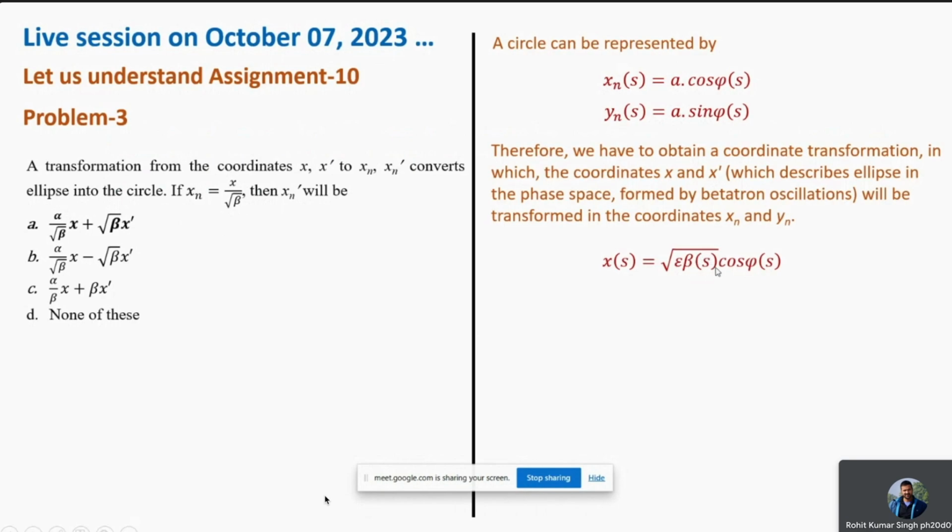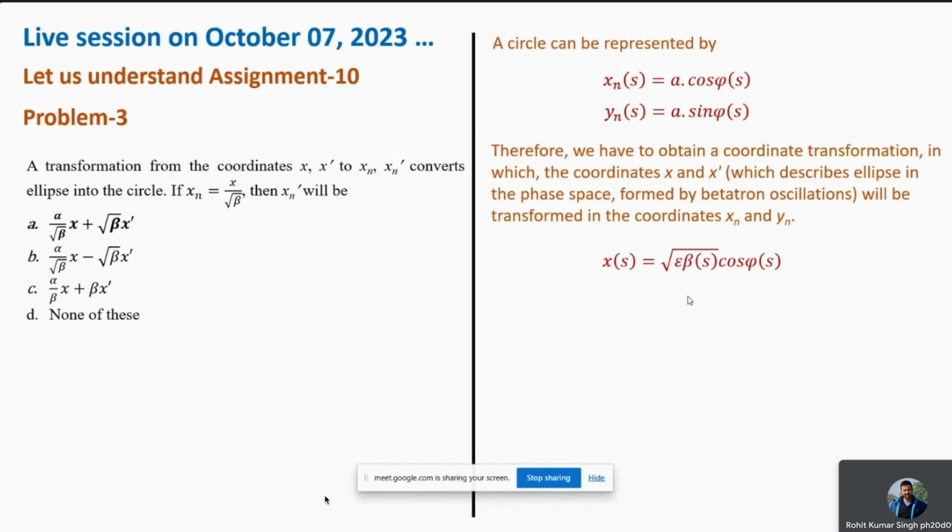Here beta is s dependent, meaning the amplitude has s dependence. Amplitude is not a constant. That's why we don't get a circle in our case. So we have to make a certain coordinate transformation which makes this amplitude independent. If this amplitude becomes constant, then we can get the circle.